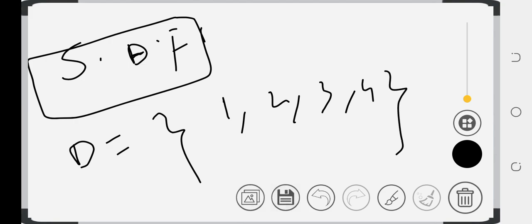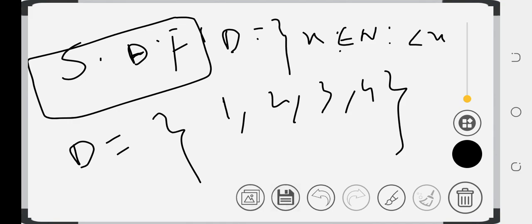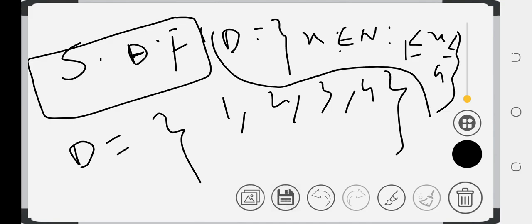I want to apply some condition on it so that I will not write it in roster, point-wise form. So I will write D is equal to, in curly brackets, x such that x belongs to N, all natural numbers, with the condition x is greater than or equal to 1 and less than or equal to 4. This is an example of set builder form.